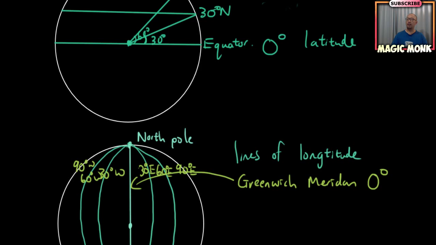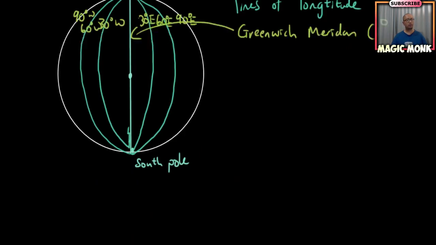Let me find some information on the latitude and longitude of different cities. Let's say Shanghai. Actually, I'm just going to show you this on Google Earth.